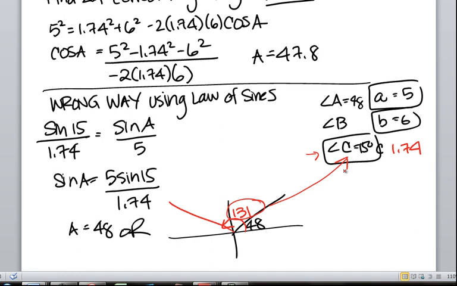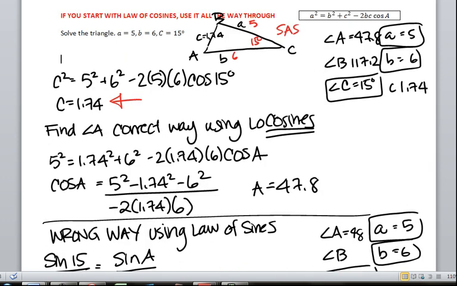But from the law of cosines, we know that that is not true. So this is one way that you could introduce a non-existent solution if you don't stick with the law of cosines. So that's one way. An even worse way you'll see in the next video.